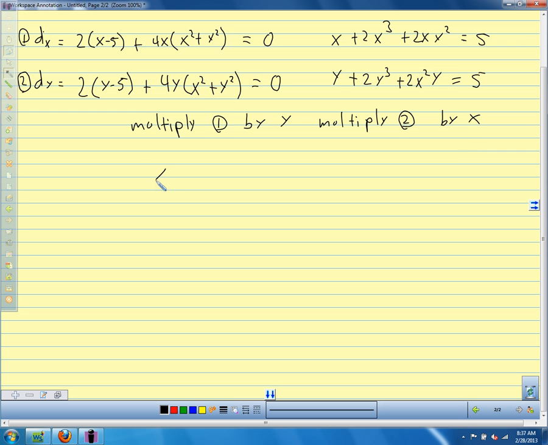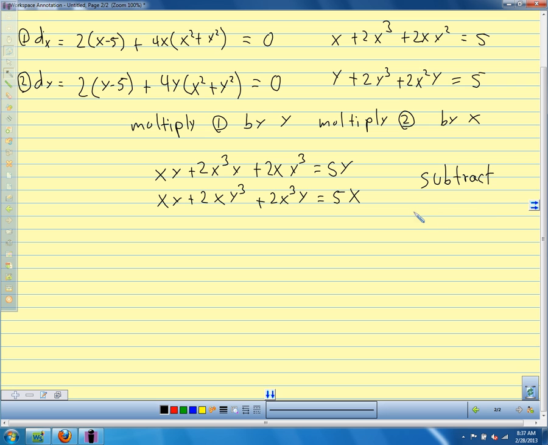So I get xy plus 2x to the third y plus 2xy to the third equals 5y. And when I multiply the second one by x, I get xy plus 2xy to the third plus 2x to the third y equals 5x. So we're trying to eliminate one of these terms. Now we're going to subtract.